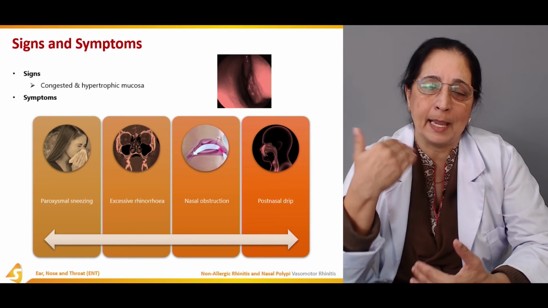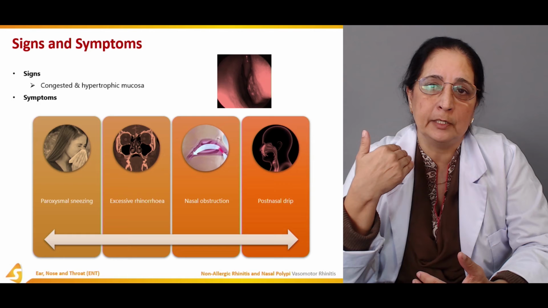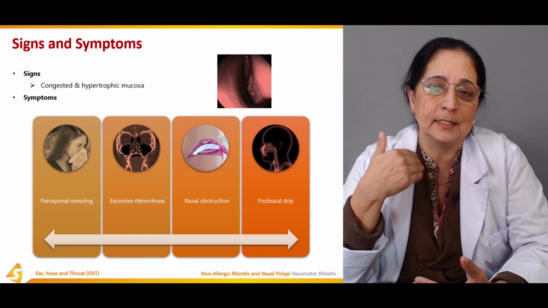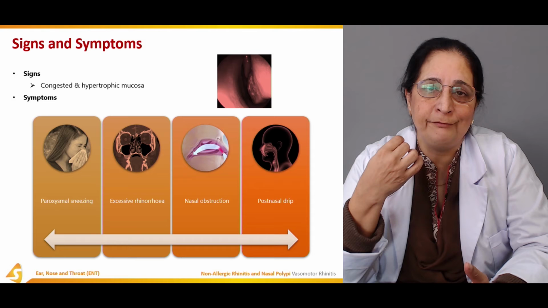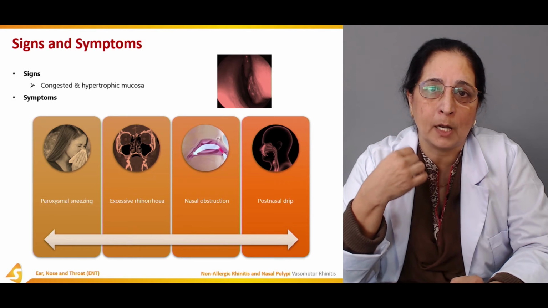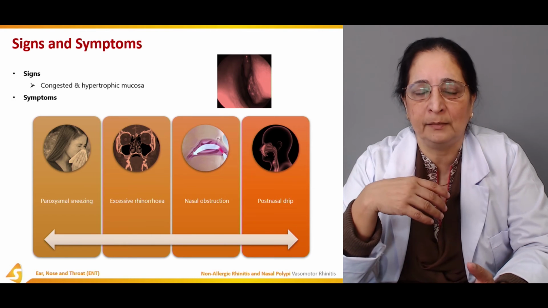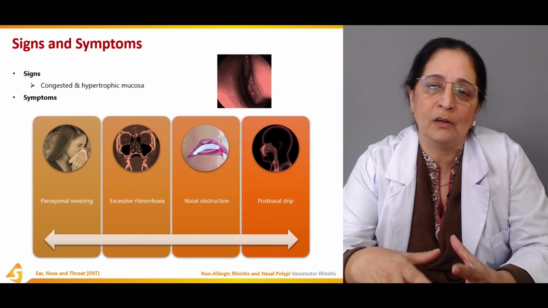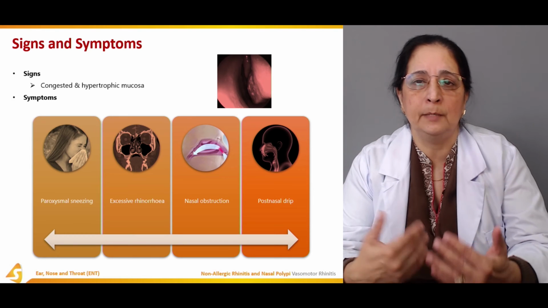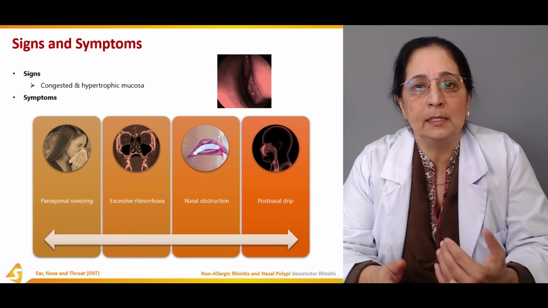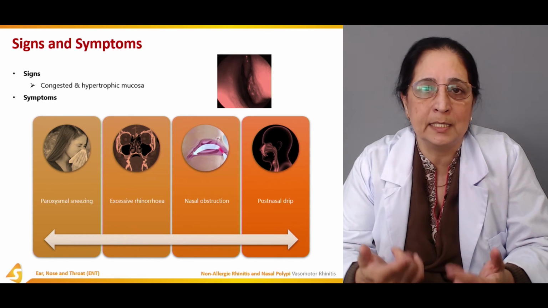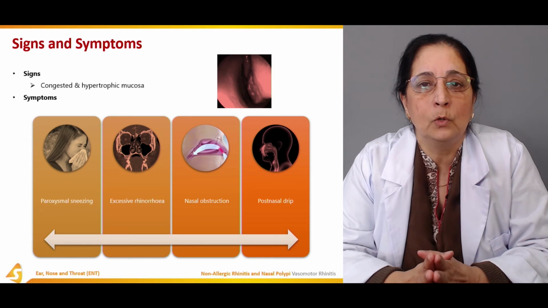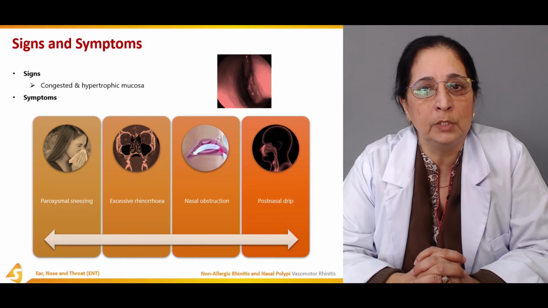Post means back, behind. The patient feels that there is something going from the back of the nose into the mouth. They feel that dripping in the mouth that tastes weird, and the patient does not feel easy with that. They keep tasting something that goes back in the mouth. So that's the post-nasal drip, going from the nose back into the mouth.